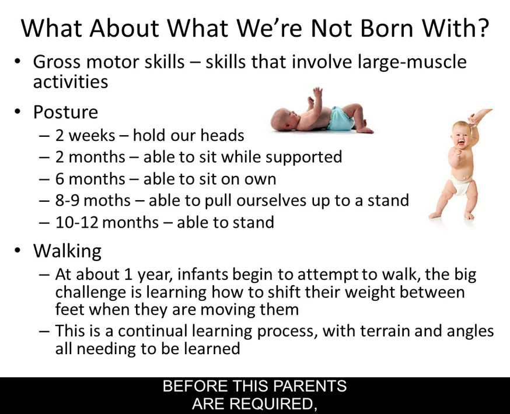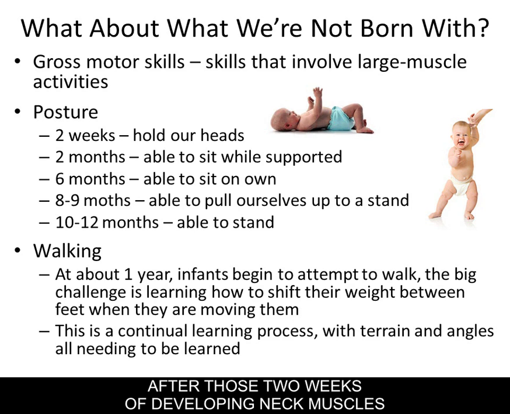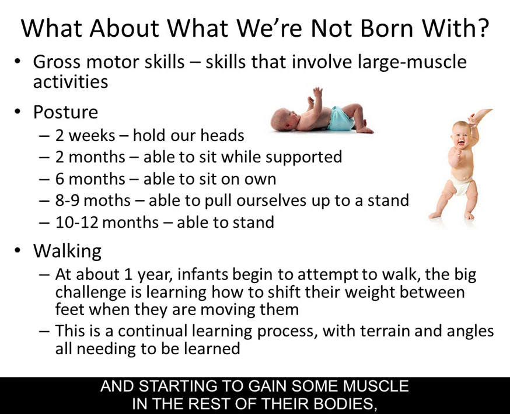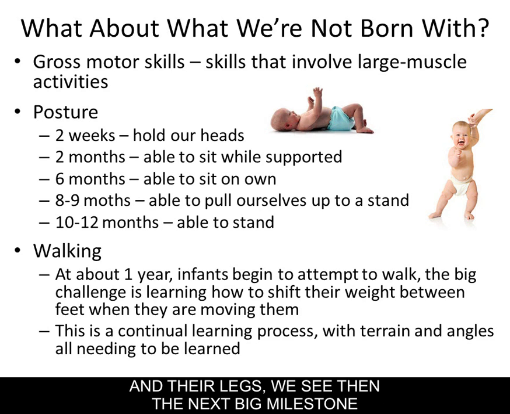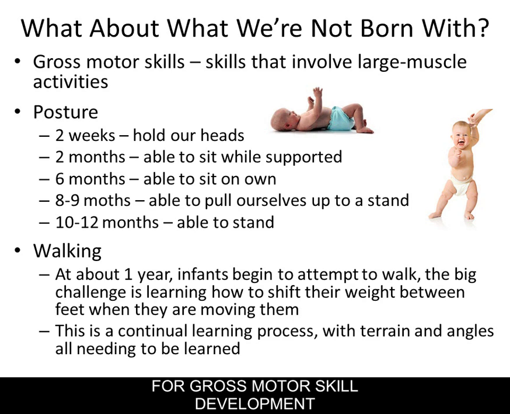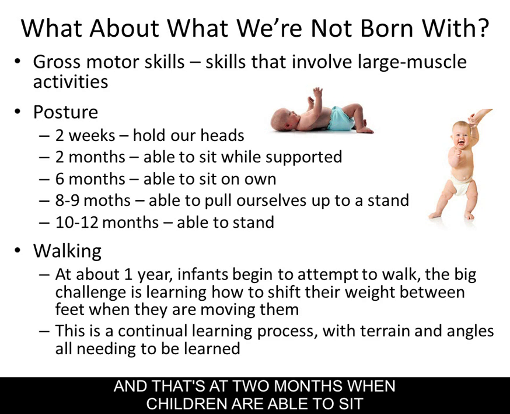Before this, parents are required, if they want their child's head to stay upright, to actually hold and cradle the head. After those 2 weeks of developing neck muscles and starting to gain some muscle in the rest of their bodies, including their abdomen, their backs, their shoulders, and their legs, we see the next big milestone for gross motor skill development, and that's at 2 months when children are able to sit while supported.